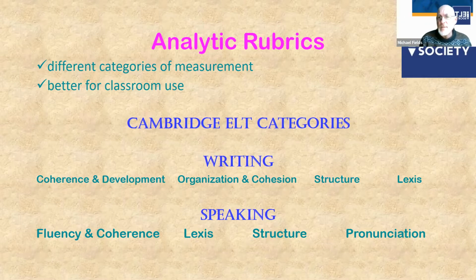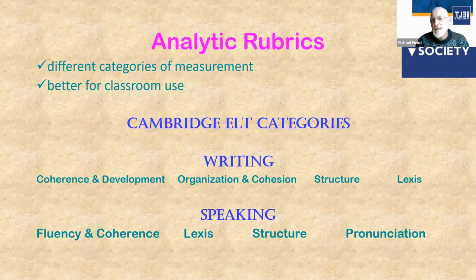Different students in the same class who might be at the same so-called level might show very different strengths and weaknesses. Someone at an intermediate level might have a very strong vocabulary and maybe good organization. I'm thinking here about writing, but if it's speaking, they might have good pronunciation and good vocabulary, but be weak in grammar or fluency, whereas another student might be just the opposite.